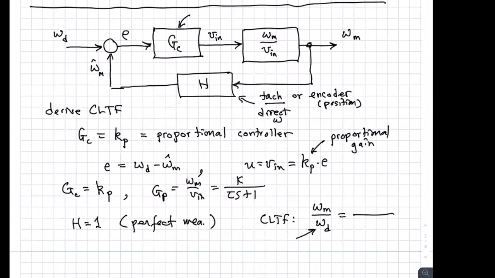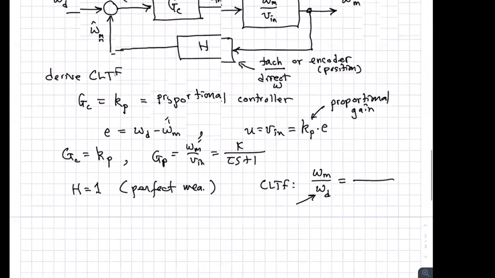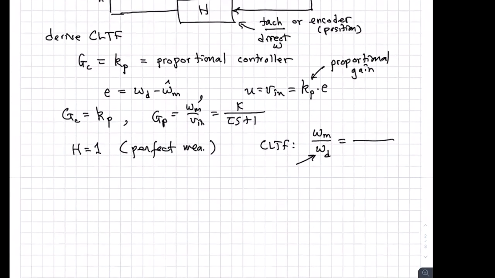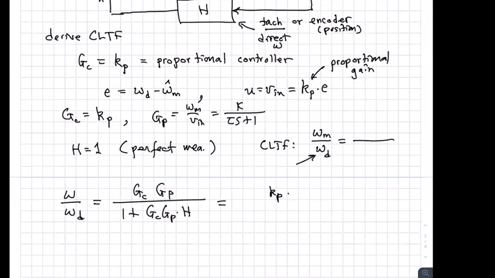And now the derivation of the closed loop transfer function, just plug everything in there. Omega over omega d is just GC GP over 1 plus GC GP times H. So when you do all that, you have a little Kp, that's Kc, and you have K over tau S plus 1 over 1 plus the same thing down here, times 1 because we're assuming that we have a nice ideal measurement.